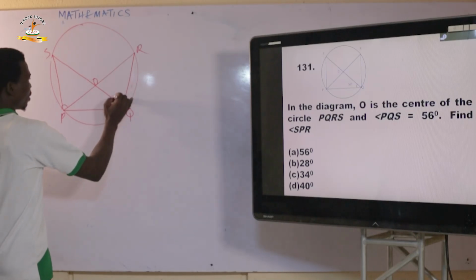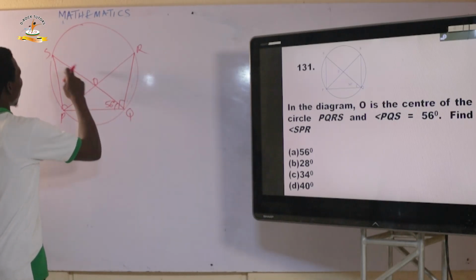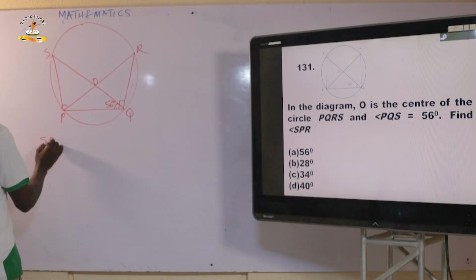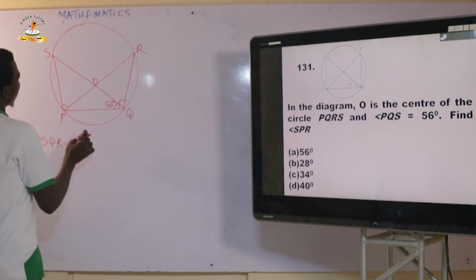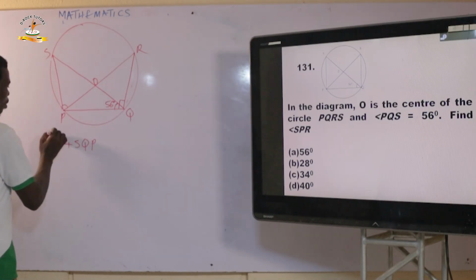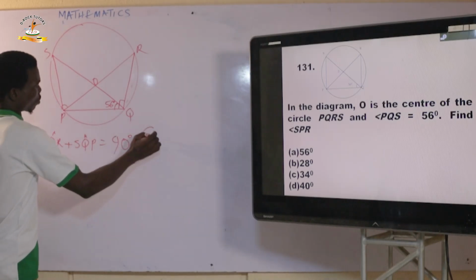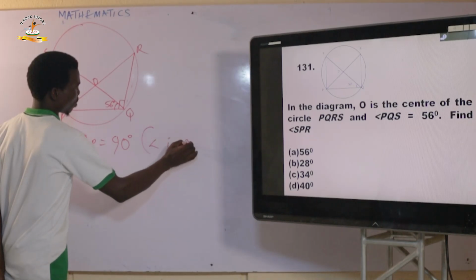We can find angle SQR. So we say SQR plus SQP equals 90 degrees. Because of what reason? Angle in a semicircle.